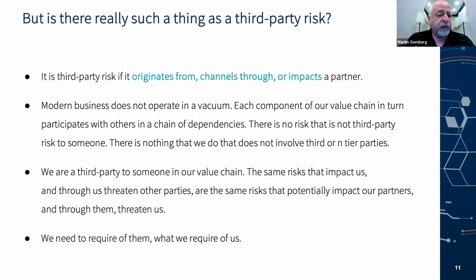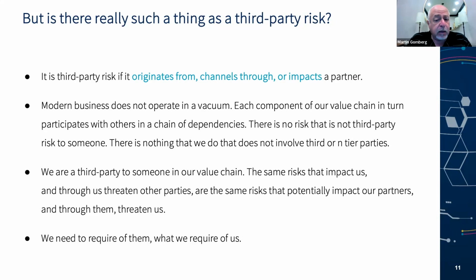If the services that we require cannot be made available by our third party, some part of the things that we need fails. Availability has multiple components. Is it available? Is it functional? Does it scale? All of these things. If they can't provide us the services to the extent that we require or that we've agreed in contract, there's a failure. These are third-party risks.